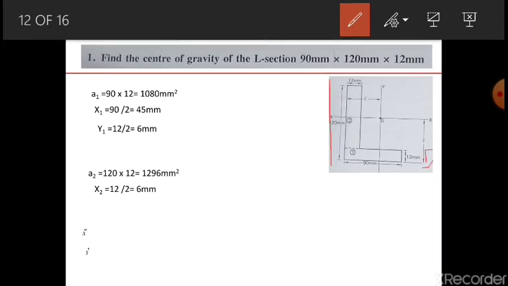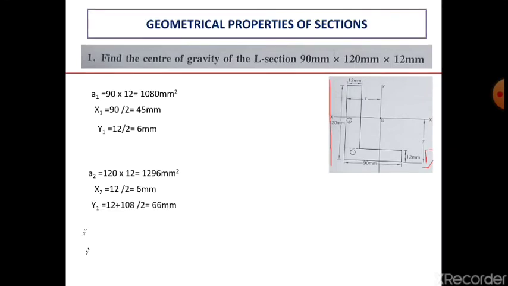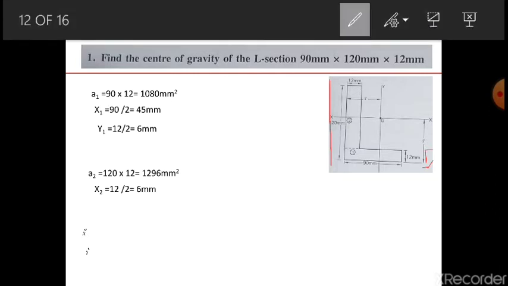So it is taken as 108 by 2, plus 12, because the axis is at the base. So half of this distance plus this remaining distance of 12 mm. Whatever the height is will be our y2.